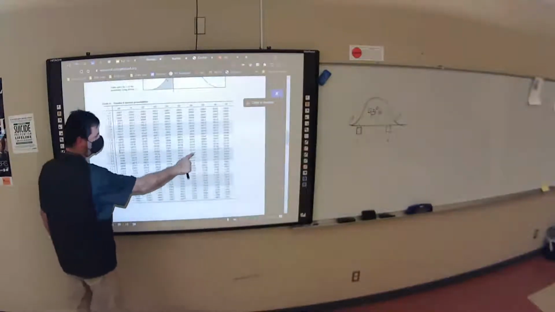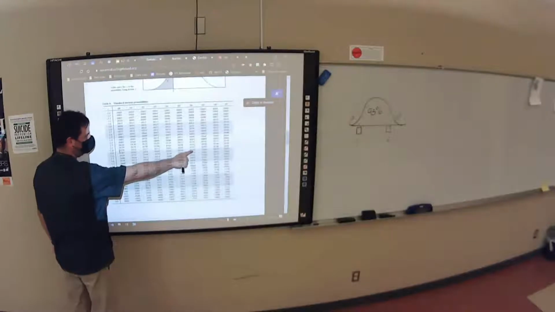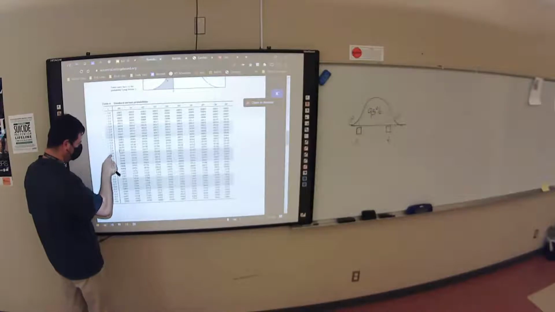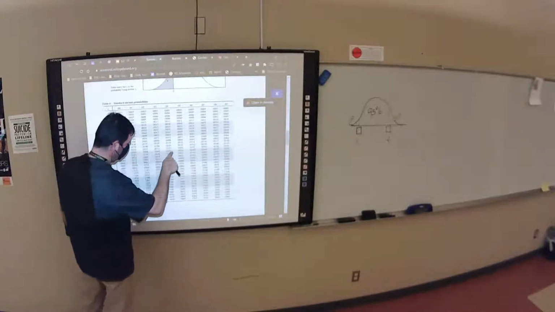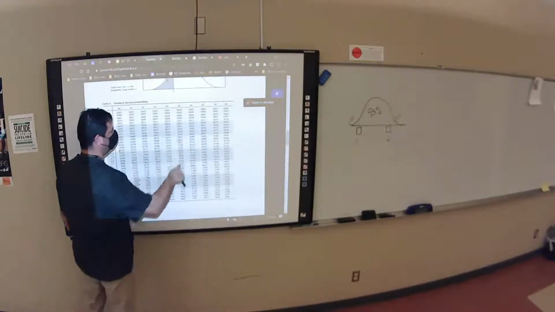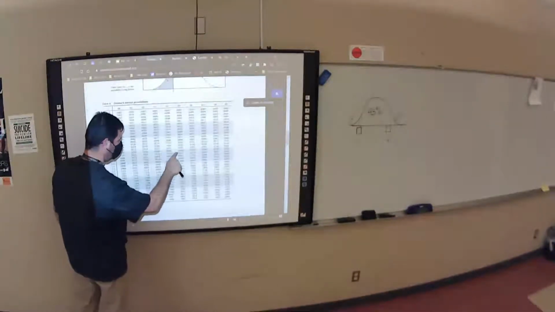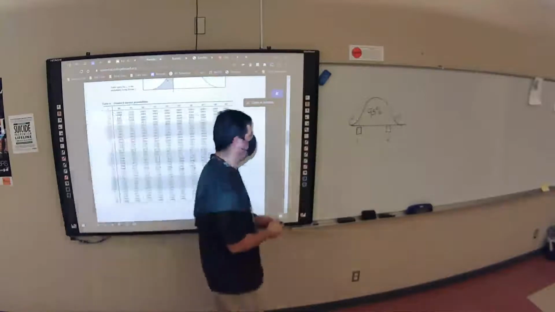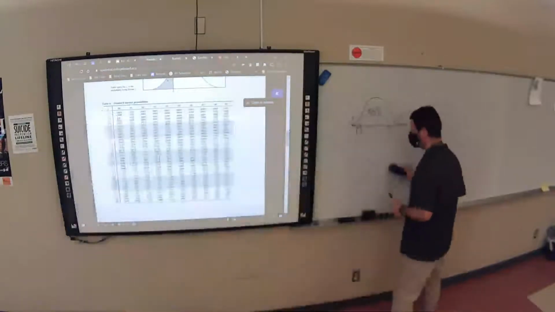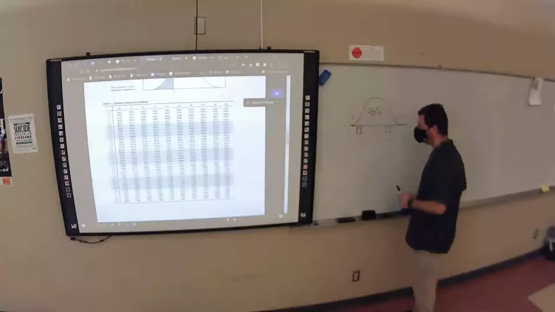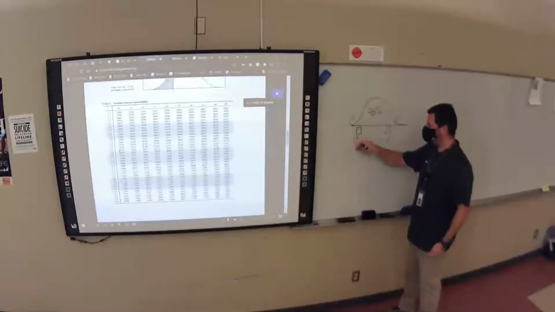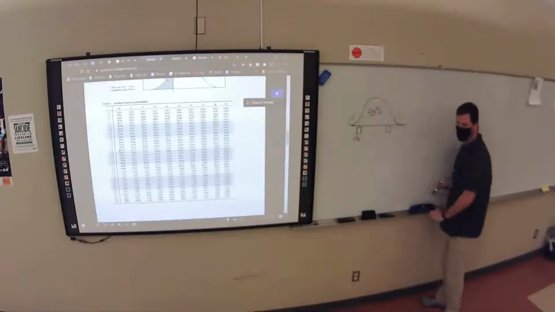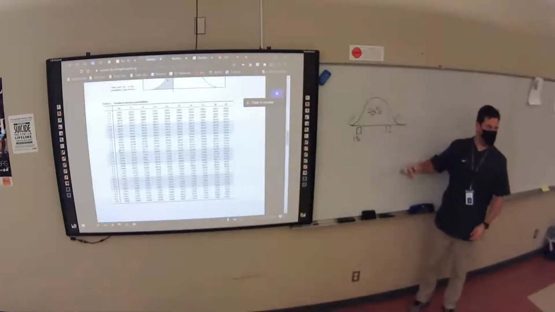Ah, there it is right there, 0.025. Negative 1.95. 6, wrong column. Negative 1.96. That's nice because what's that going to make this z-score?